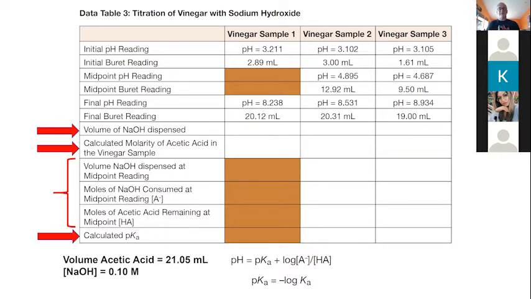So you don't have to figure those out, but for sample 2 and 3, you do. Okay. And your calculated pKa should be between 4 and 5. The actual pKa is between 4 and 5. Any other questions?